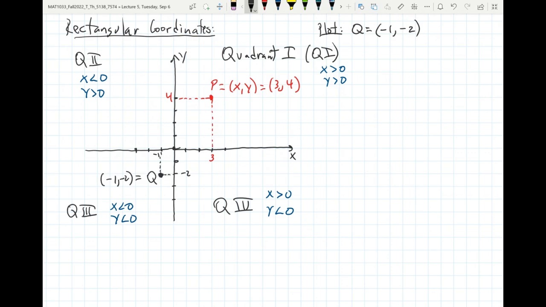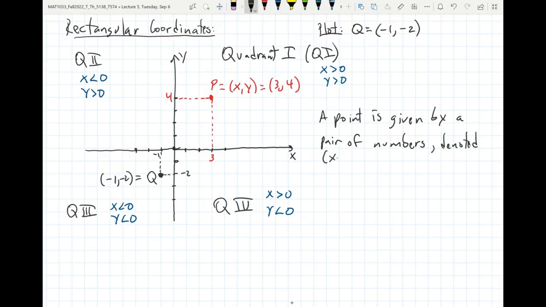Okay, good. So let me just say here, a point is given by a pair of numbers denoted x comma y, and this is called the coordinate.